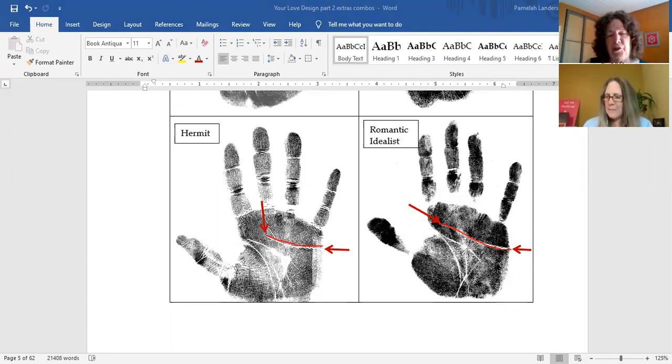So these two, the hermit and the romantic idealist, are very cautious and reserved about expressing their feelings. You can just see by looking at the shape of the line, there's a difference just in the shape, which is going to make a lot of determinations about how that heart line or love line actually expresses itself.